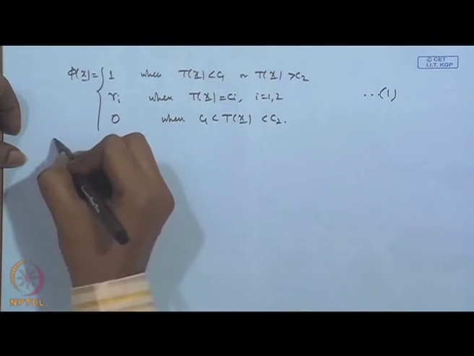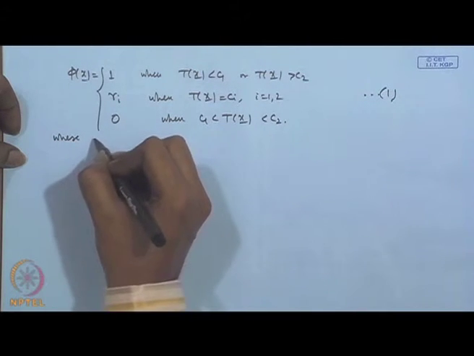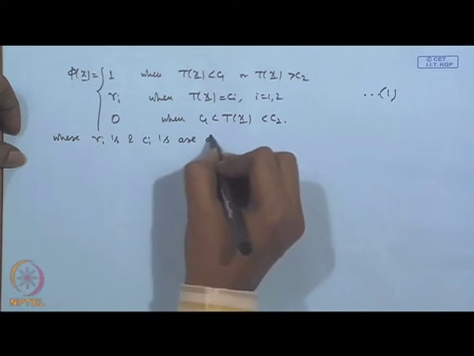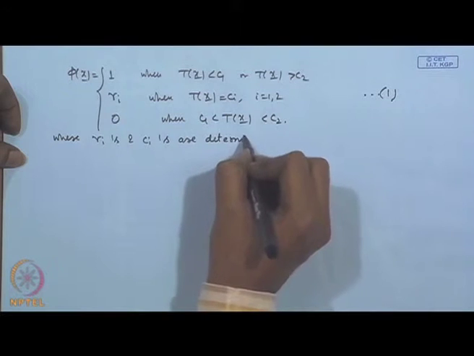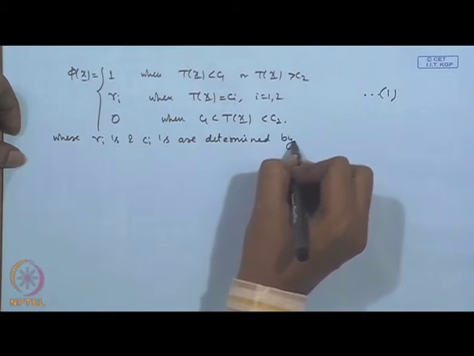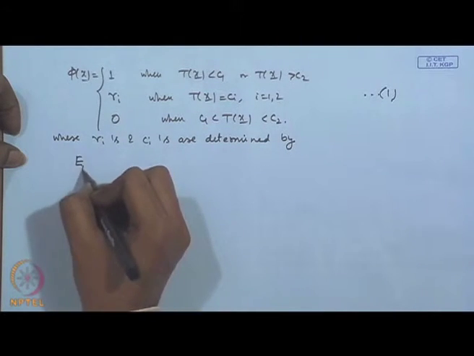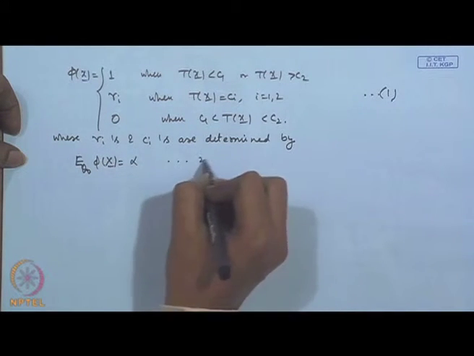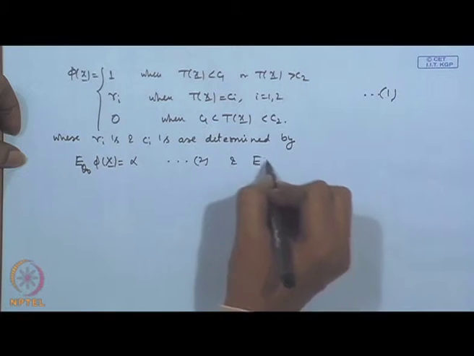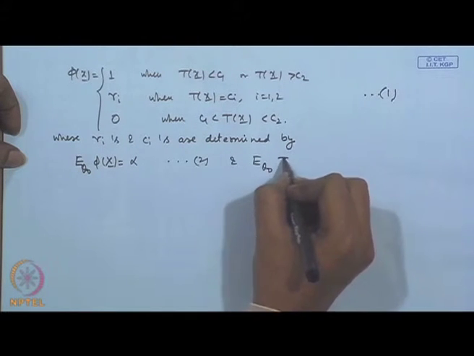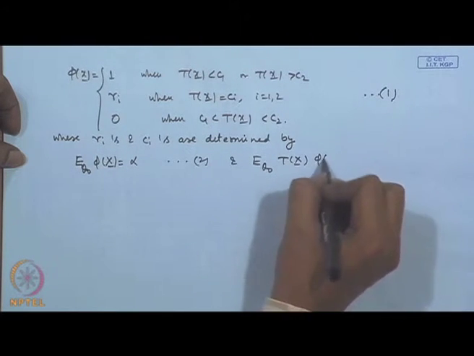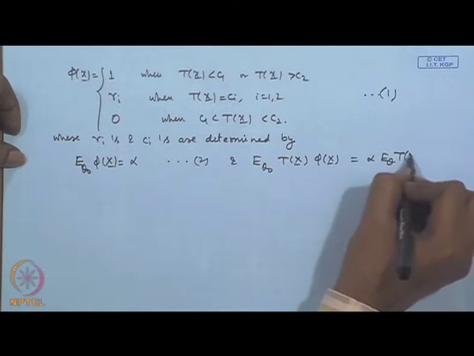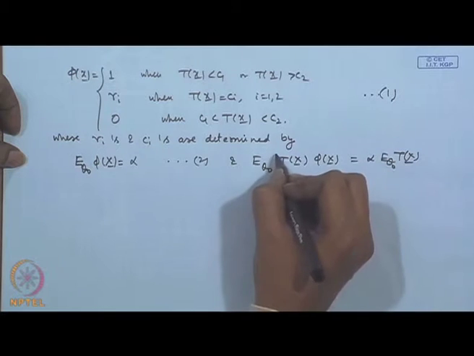where the gamma i's and c i's are determined by expectation of theta naught phi(x) is equal to alpha and expectation of theta naught T(x) phi(x) is equal to alpha times expectation of theta naught T(x).